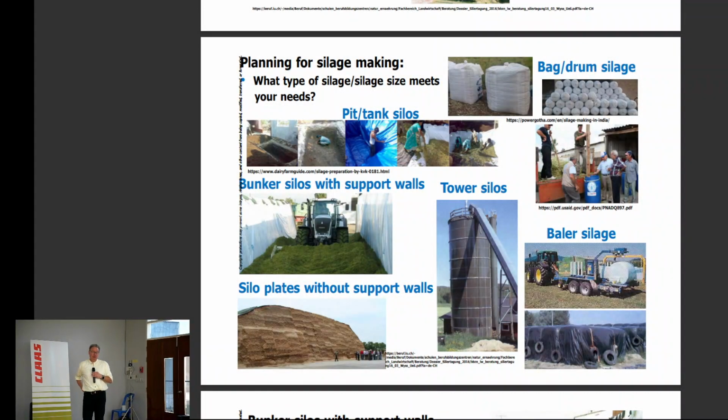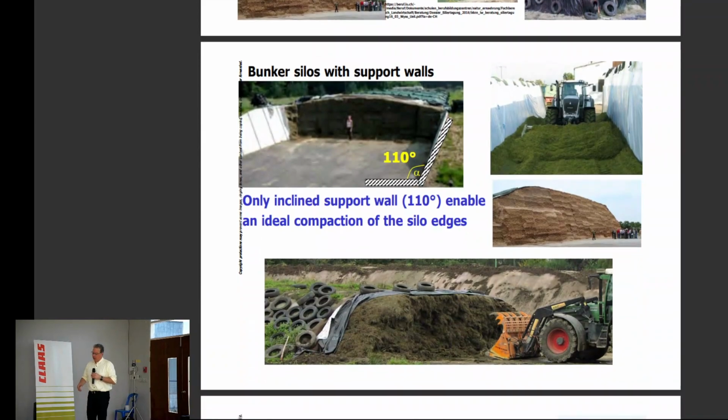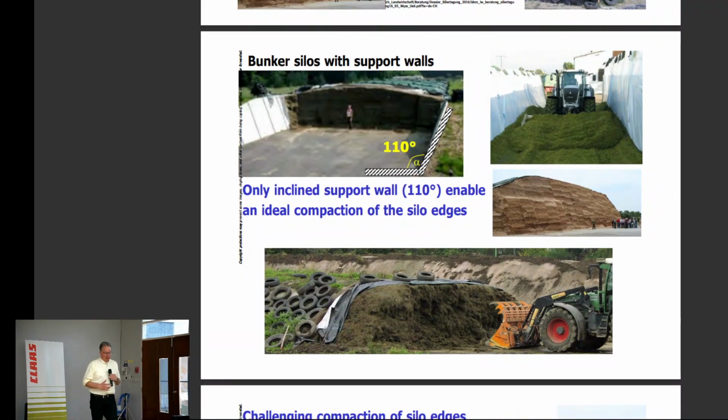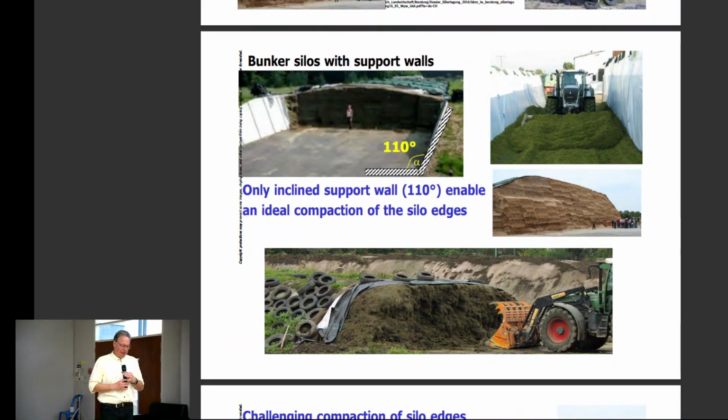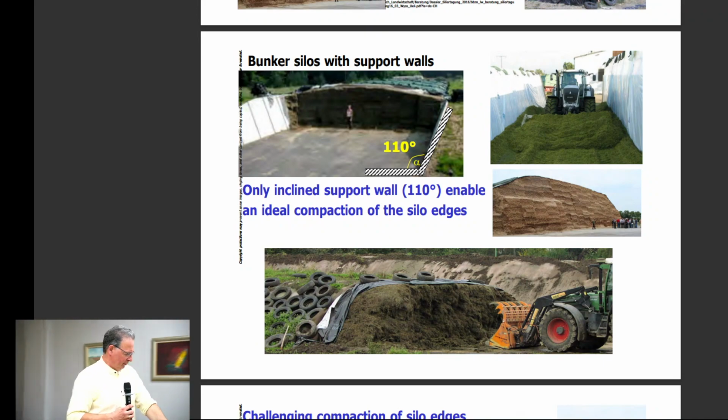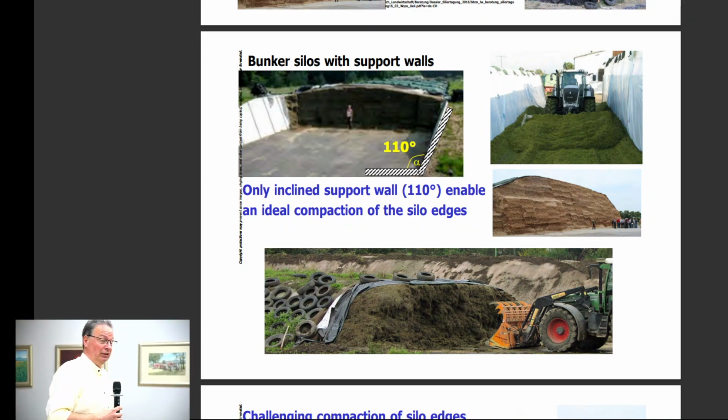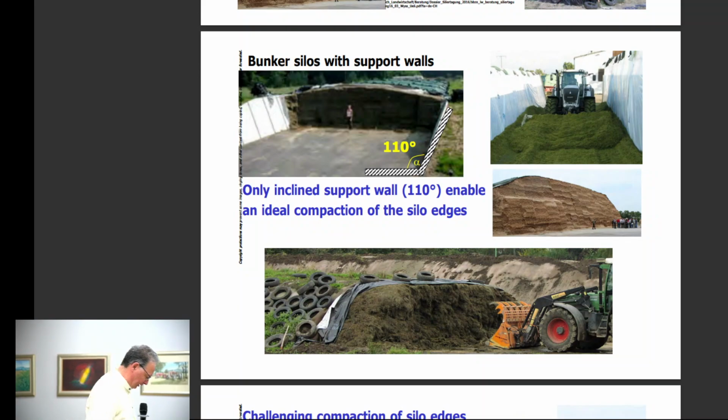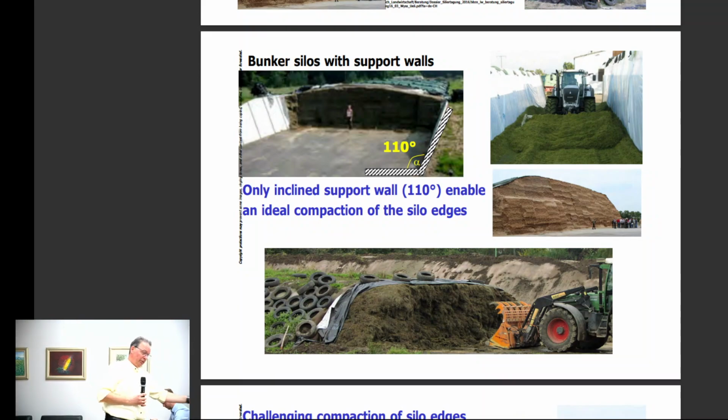What else is important? If you have supporting walls, also easy to see. So if we would say, okay, here that's the supporting walls of this silo, and they are straight, and I want to compact it here, then I have really to skid around the wall to compact the edges, because the difficult parts are the edges.